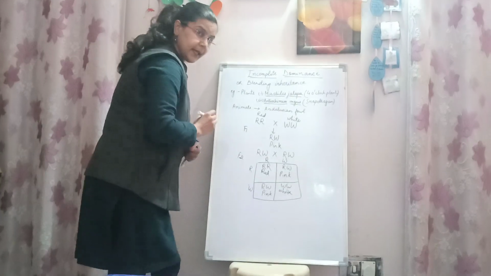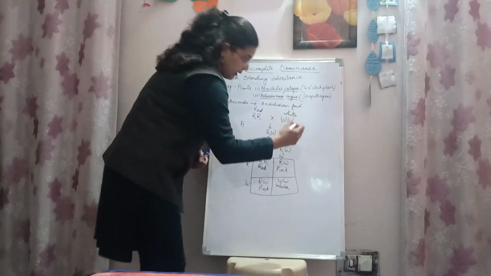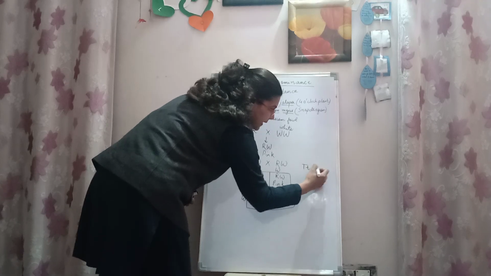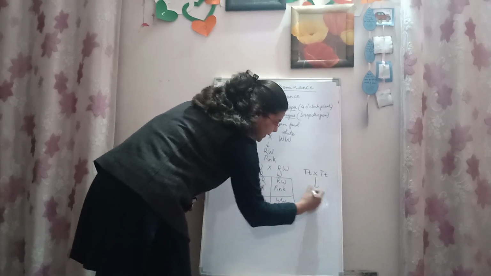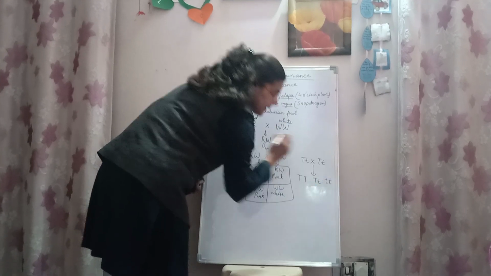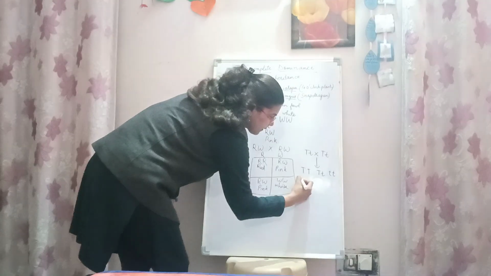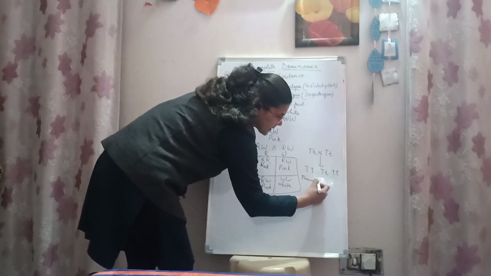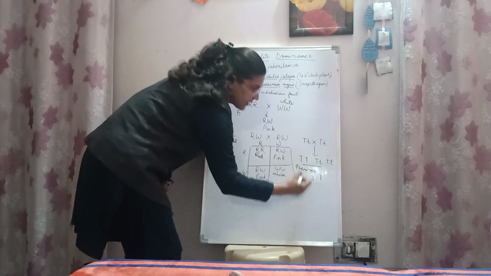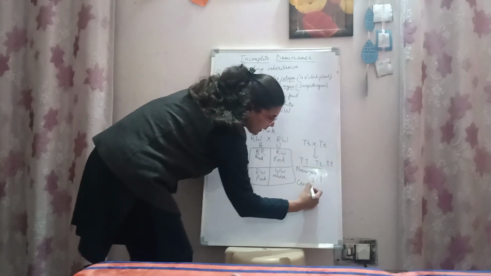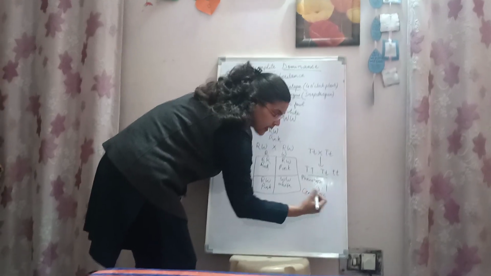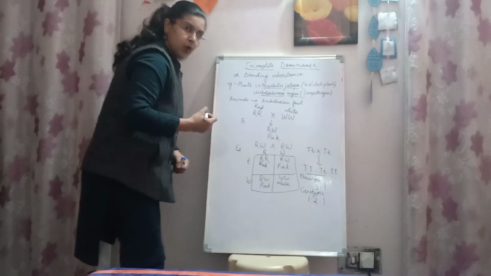Had this been a Mendelian trait, so if you see the phenotypic expression, say if I cross in the Mendelian, so what you would get is, right? So phenotypic ratio here in Mendelism would be 3 tall is to 1 dwarf, and genotypic ratio in Mendelism is 1 homozygous to 2 heterozygous tall and 1 homozygous recessive.